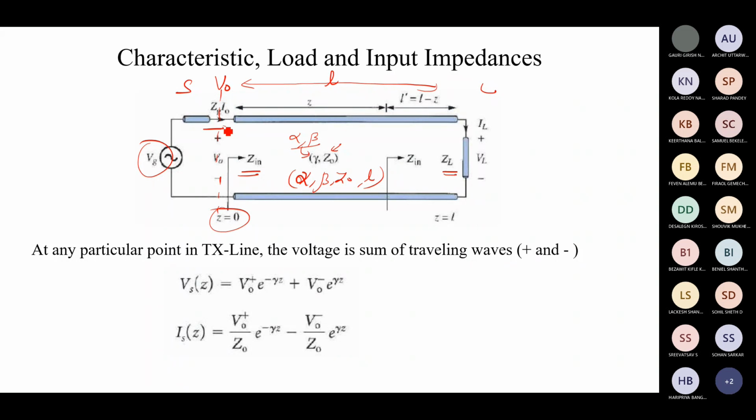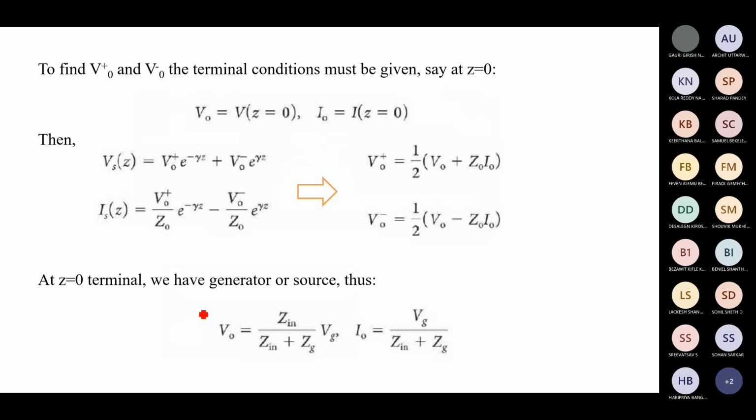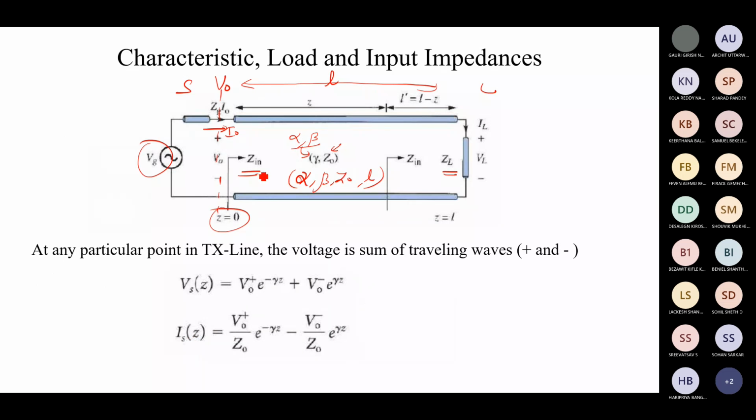And it is going to have a current of I0 also. We can easily calculate the value by calculating its input impedance. By the way, we can easily get the initial voltage and current, and this initial voltage and current are going to propagate as a wave in the transmission line, and considering the factors of alpha, beta, Z0, and the length, they are going to travel.